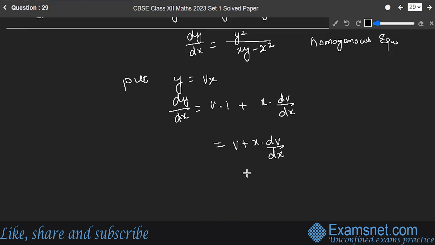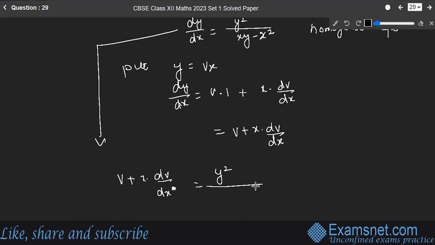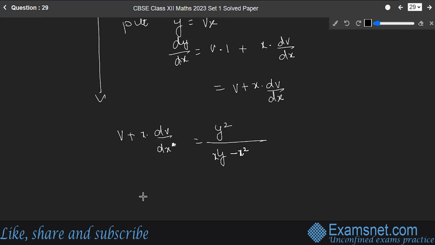Now dy by dx from this equation, you have v plus x into dv by dx is equal to y square upon xy minus x square.